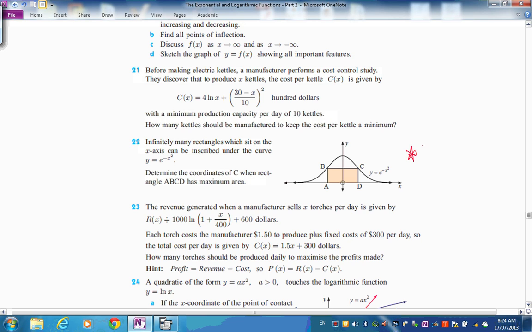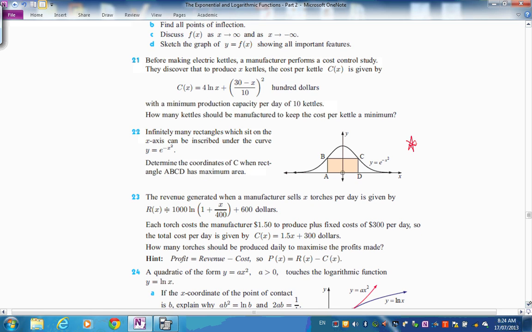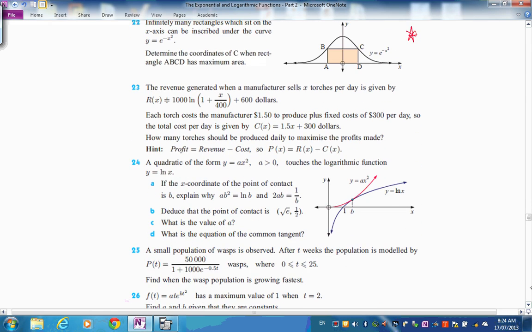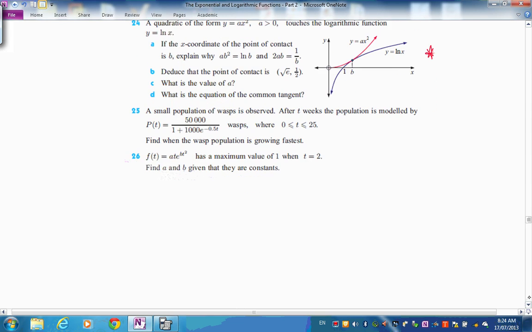They like graphs and things in tests, so that's an important one. Revenue problem. Yes, quite interesting. This one, 24, a harder problem. We'll go at that. And probably both of these would be worth having a go at.